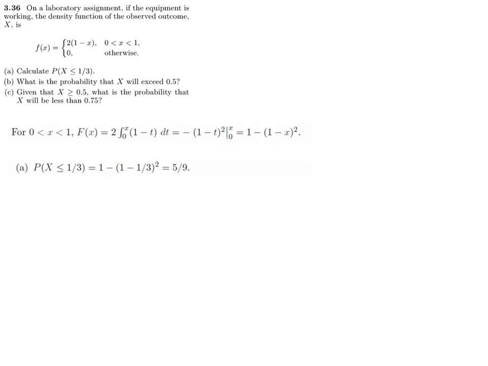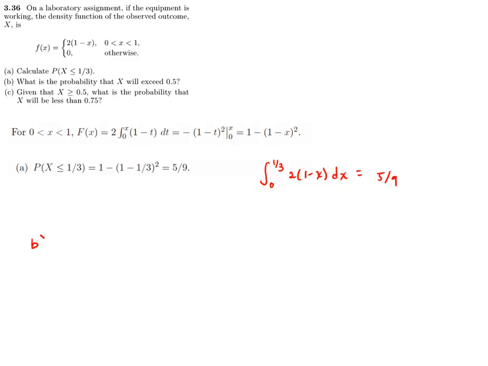So again, the solution that I have is basically computing the cumulative distribution first, but you don't have to solve it this way. You can just integrate, you will get the same result. So part A will be the integration from 0 to 1/3 of 1 minus x dx, and that should give you 5/9.